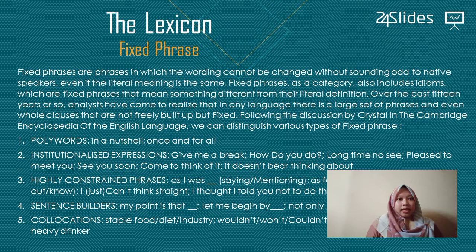Third, phrasal constructions: as I was saying or mentioning, as far as I can see or make out or know, I told you not to do that. Fourth, sentence builders: my point is that, let me begin by, not only but also. And the last, collocations: staple food, diet, industry, wouldn't, won't, couldn't, budget, a heavy smoker, a heavy drinker.